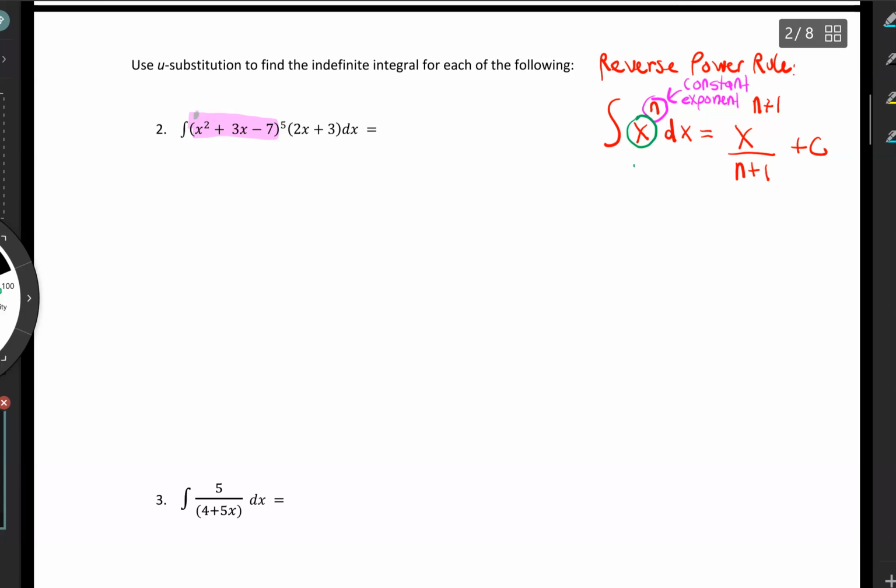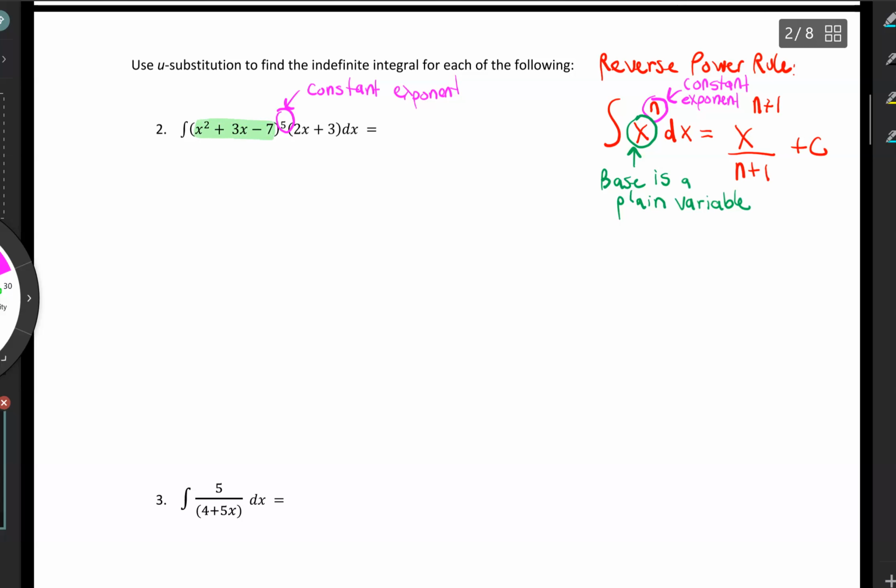And then your base needs to be a plain variable. Okay, so right now, let's see what we got. We have a constant exponent, so that's nice. But this base is definitely not a plain x, right?